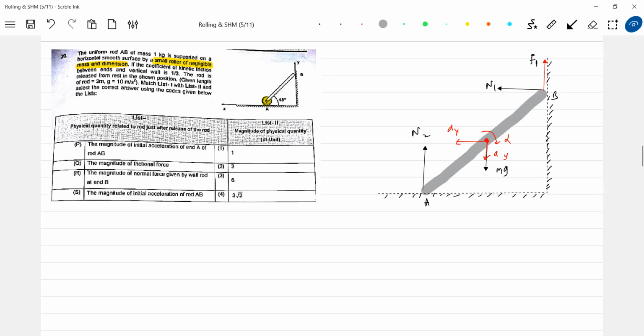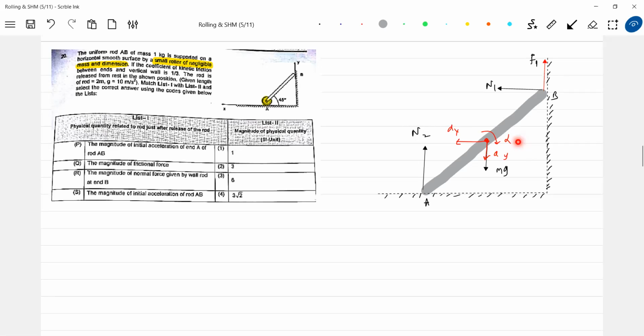What are the equations we can write? Along the y-axis, why should I put acceleration along x and along y? Any reason for this? Why not ax towards right?